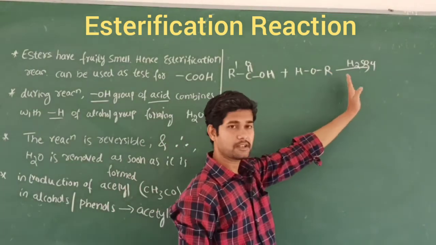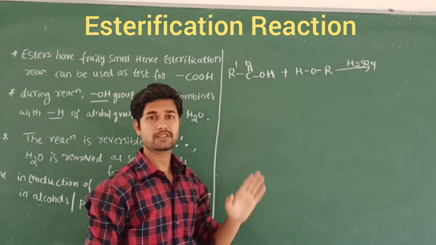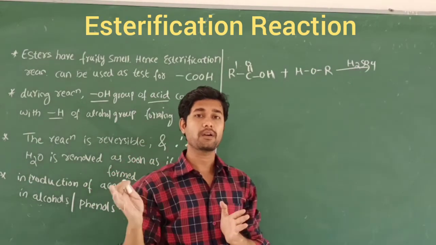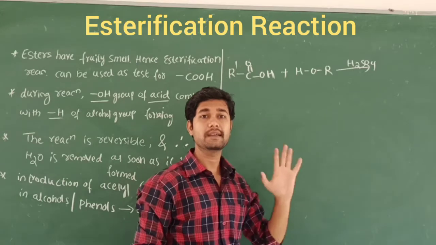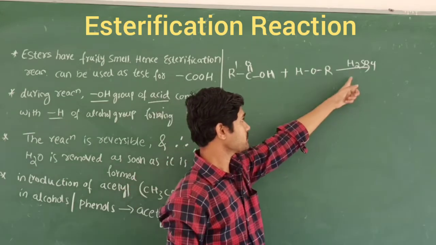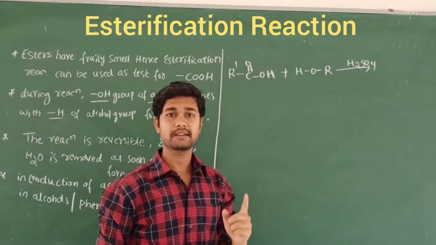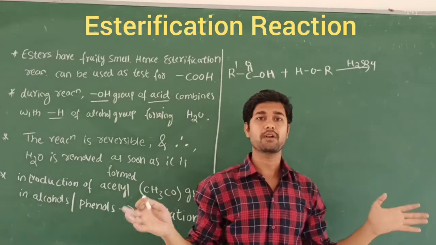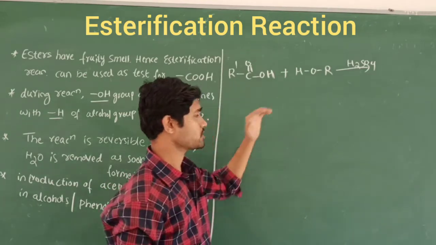Whenever this concentrated H2SO4 is used in the reaction, it removes the water from the reaction. It acts as a dehydrating agent. Dehydrating is nothing but removal of the water in the reaction.